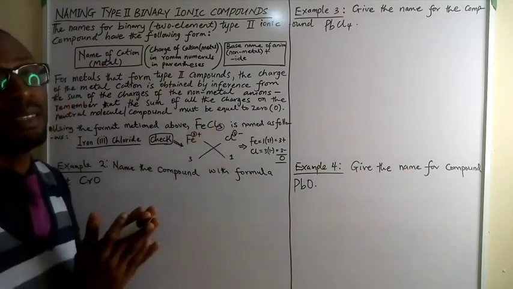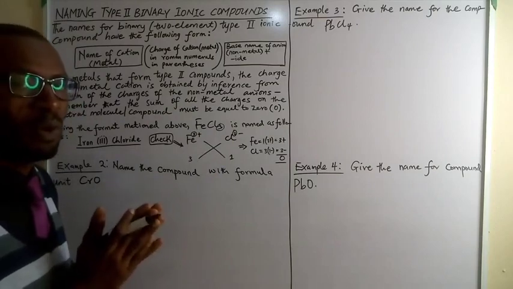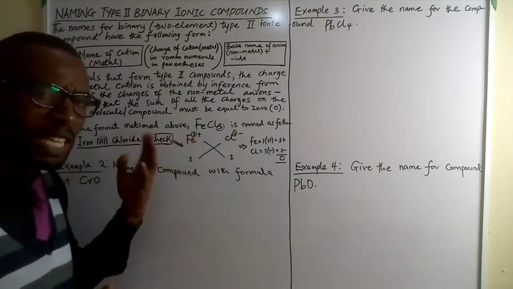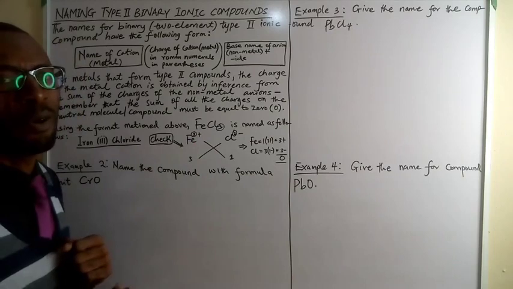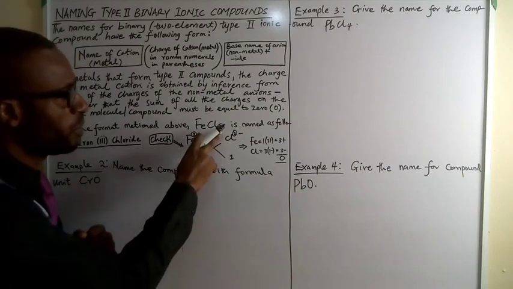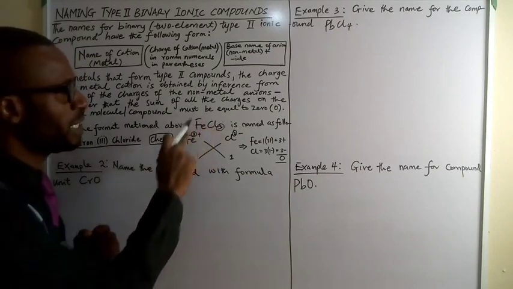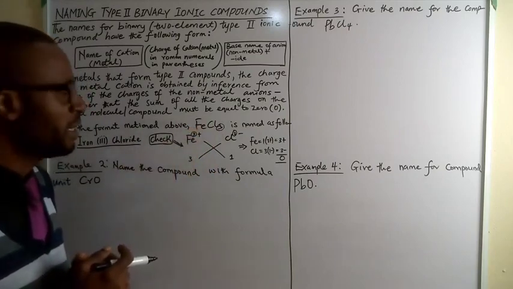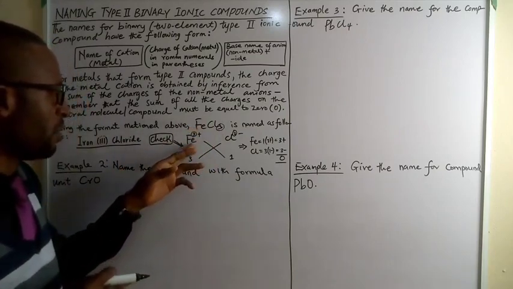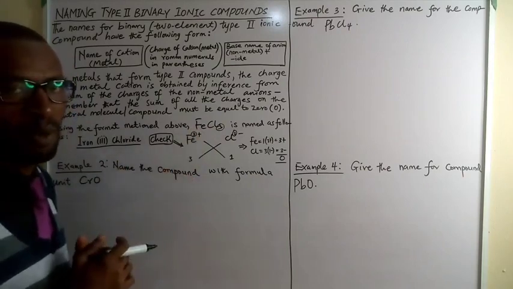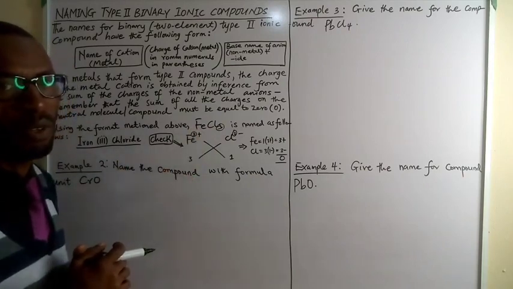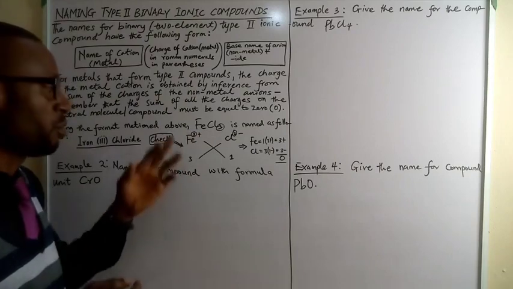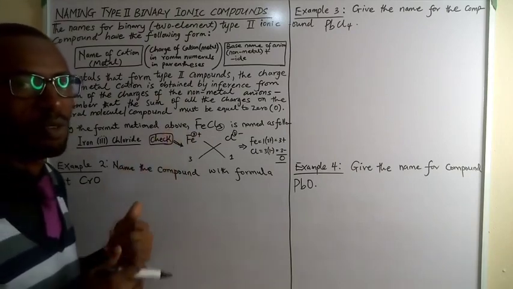If you recall when we learned how to write the formula of ionic compounds, this subscript of 3 for chlorine is actually the charge magnitude of iron. Recall that iron shows a 3+ charge in some of its oxidation states, and it also shows a 2+ charge in some of its compounds.